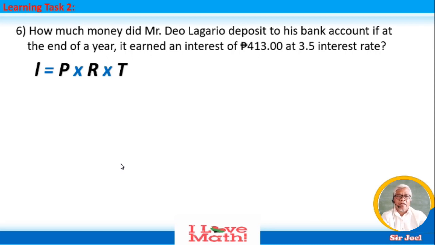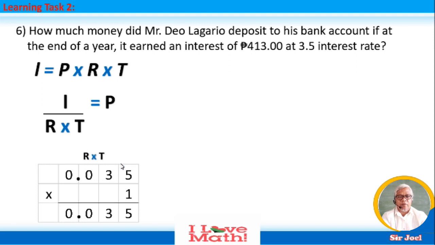Pero, syempre pa, dahil ibinigay yung interest, yung interest rate, tapos yung time, ano ngayon ang nawawala natin? Ang nawawala natin dito is the principal amount. So, to solve, yun ay magiging interest divided by the product of the rate and time. Okay? So, tingnan natin. Unahin muna natin yung product of rate and time.